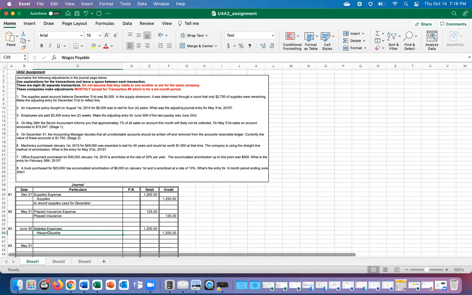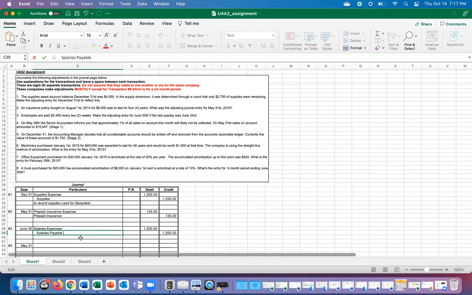And sorry, so I said wages payable, and we talked about how in this example, these employees are probably salary employees, so it'll probably be salaries payable. And then we've got our indent there so that we know it is a credit, right? So that is how you do the salaries or wages accruals adjustments.